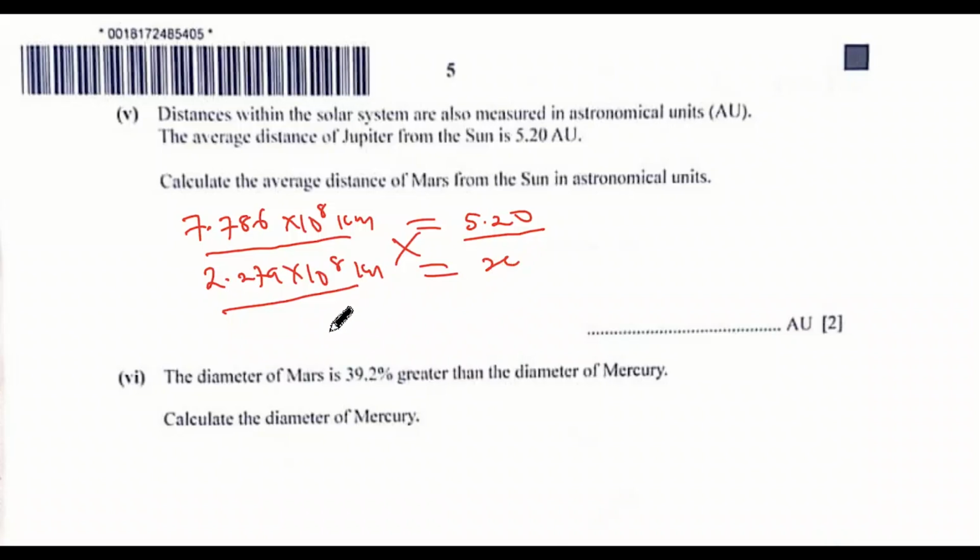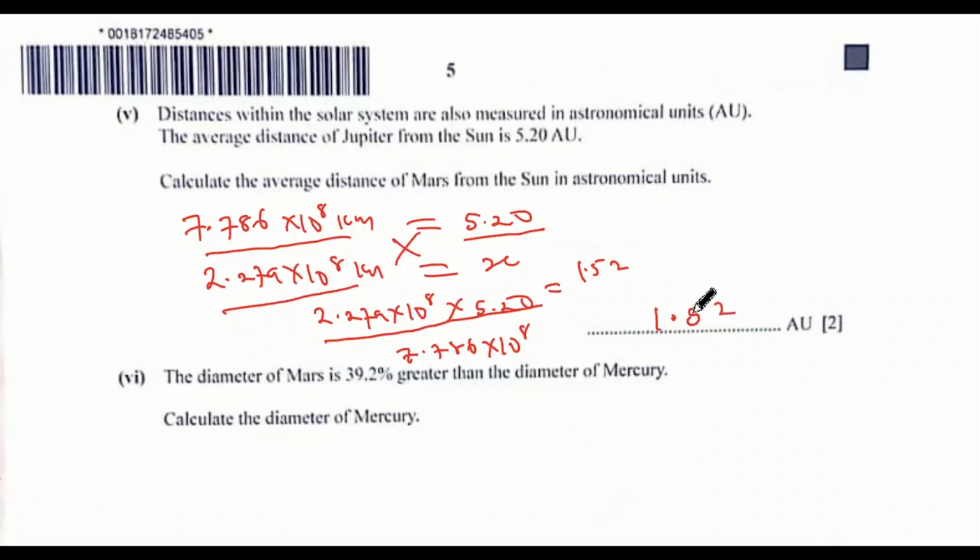So that will be 2.279 times 10 to the power of 8 multiplied by 5.20, then divided by 7.786 times 10 to the power of 8. So this will give you 1.52.